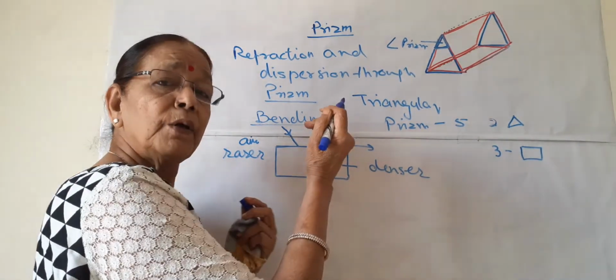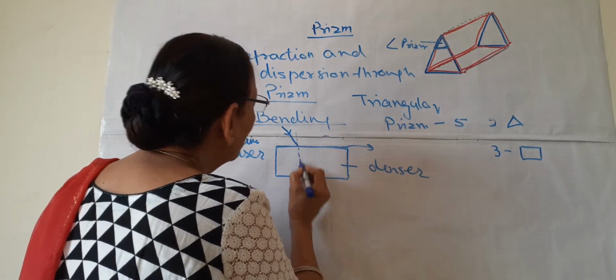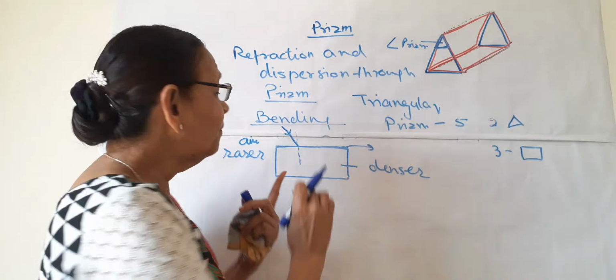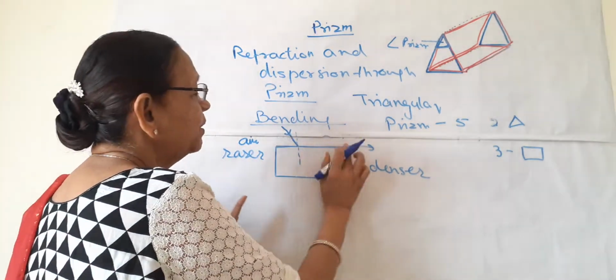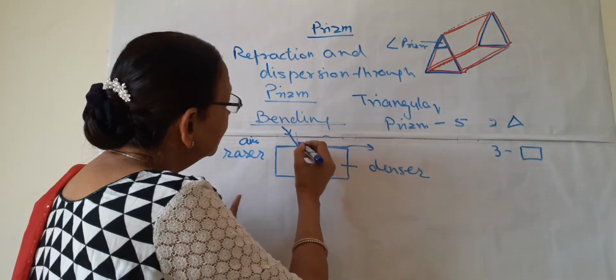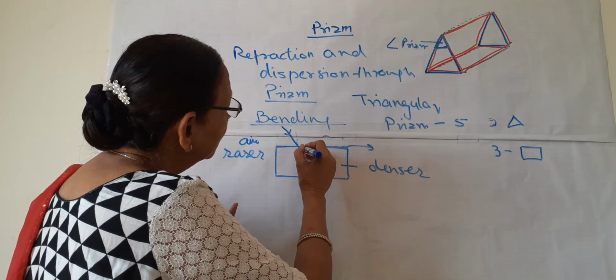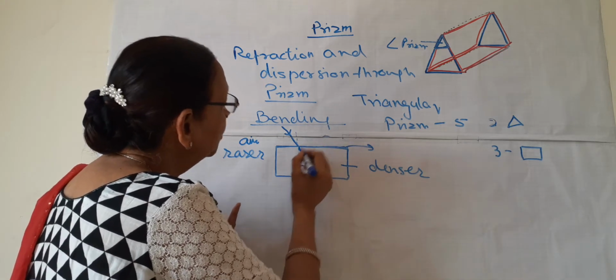So where should it shift? We have to draw a normal, which is a line perpendicular to this interface. This incident light bends towards the normal.